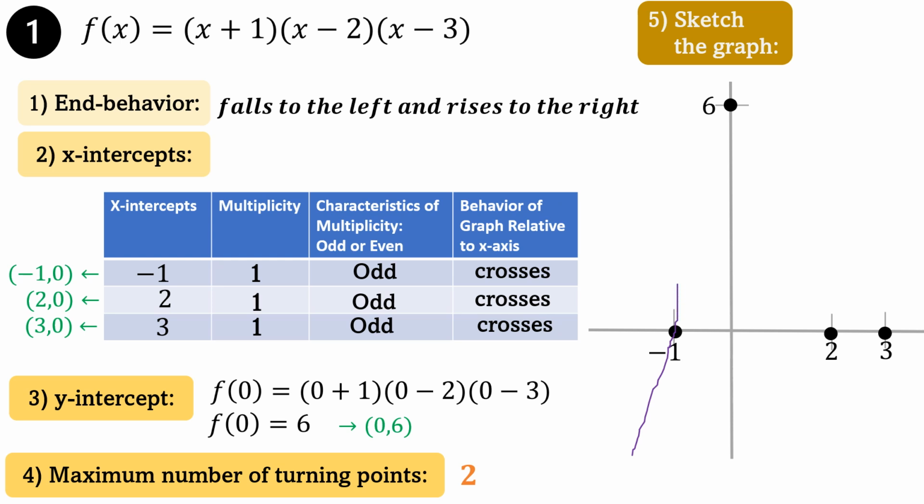Continue going up until it reaches 6, then crossing the y-axis, going down until it reaches the next x-intercept.